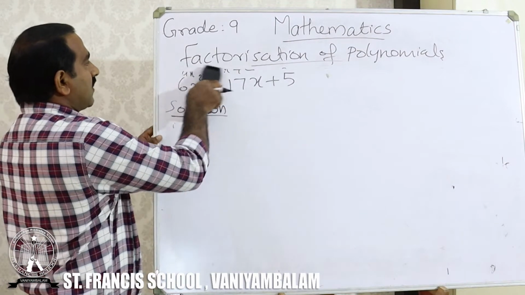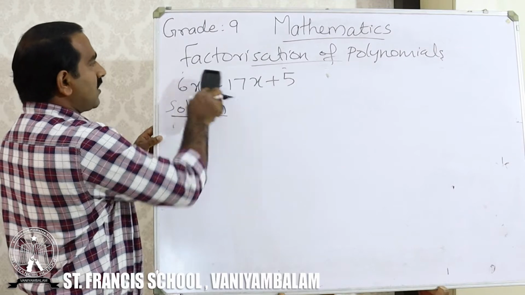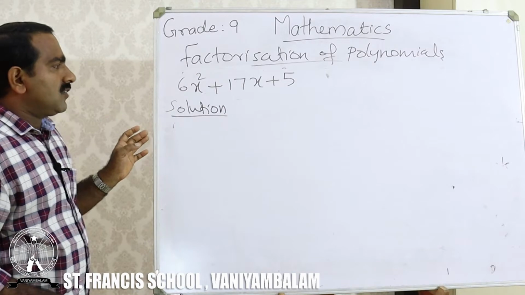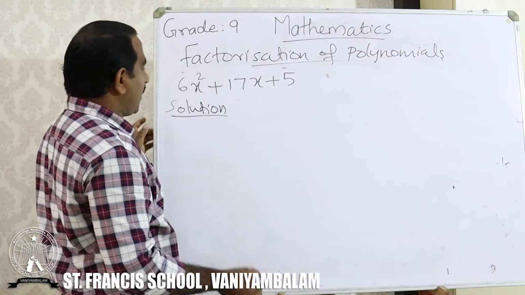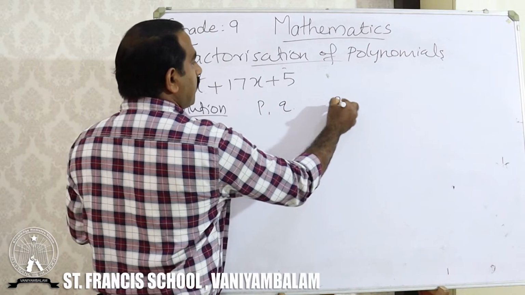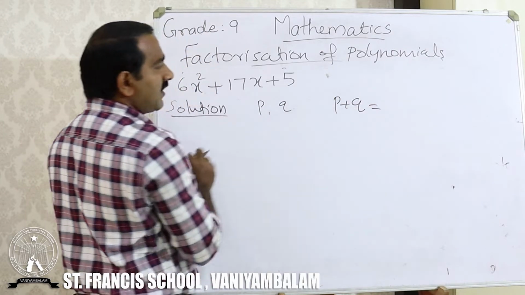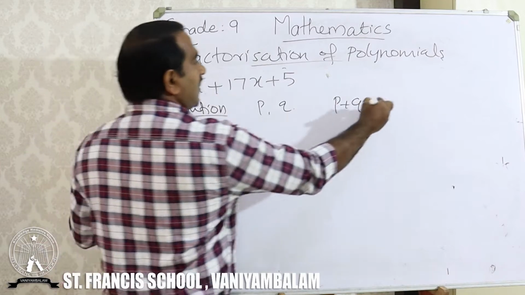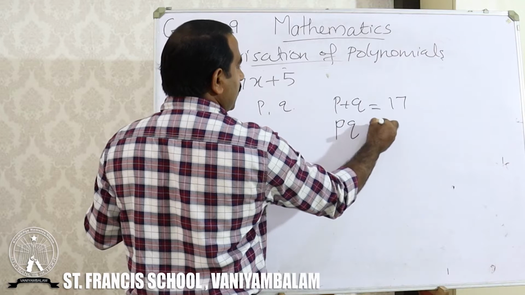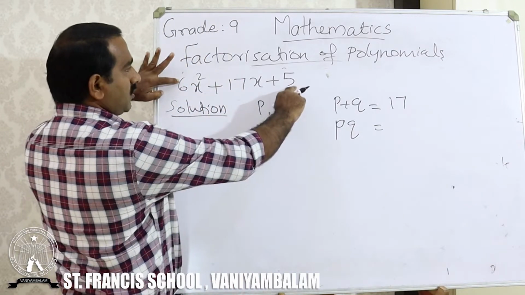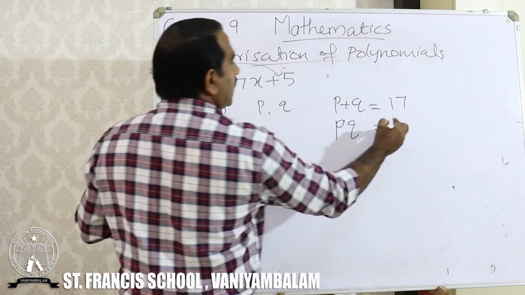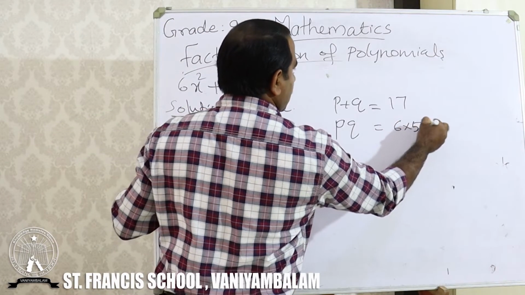Solution of 6x square plus 17x plus 5. Factorize by splitting the middle term. We can find two numbers p and q such that p plus q, the sum, equal to 17, and product pq equal to 6 into 5, that is 30.